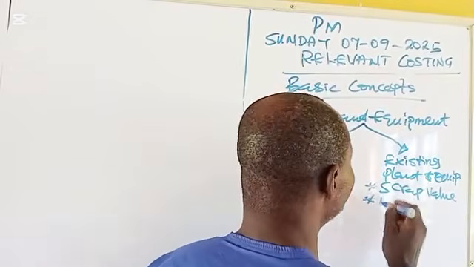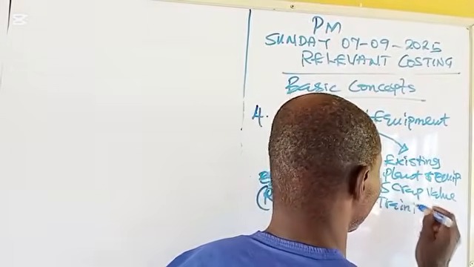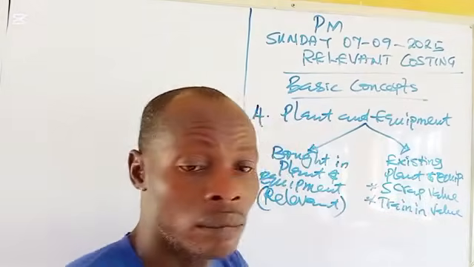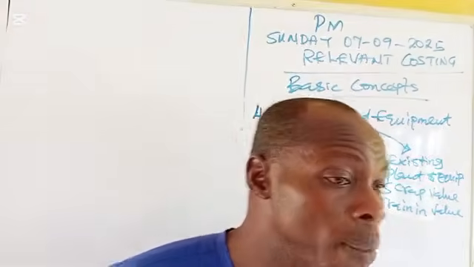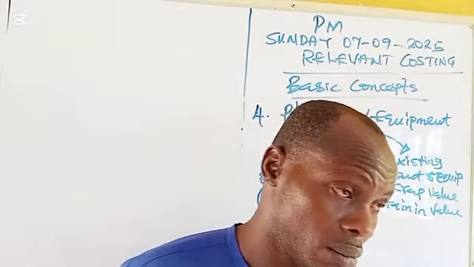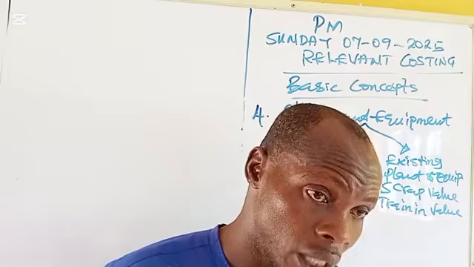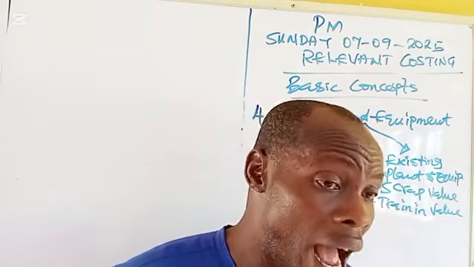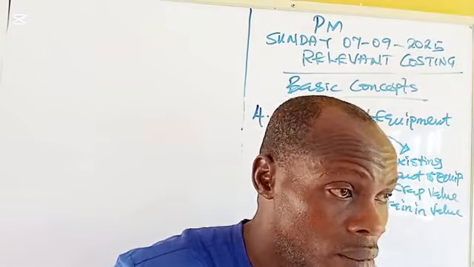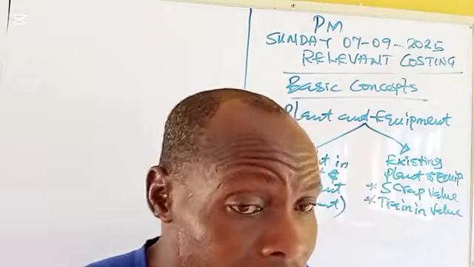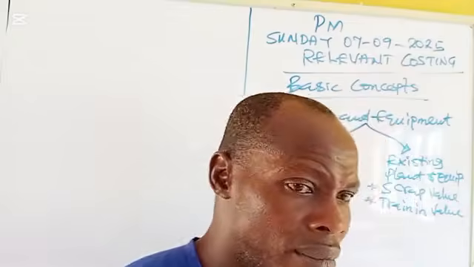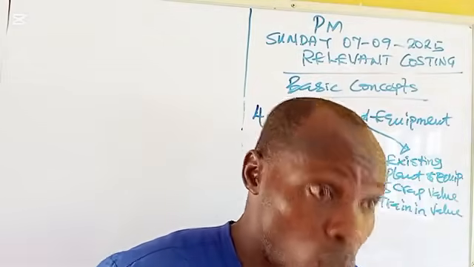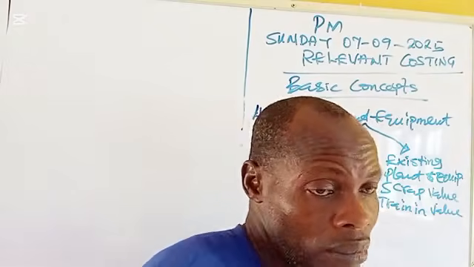Then we also have trading value. Because the plant and equipment is aging, getting old and worn out, it's becoming obsolete. As it ages, it may not have the capacity or the strength required to perform that assignment.